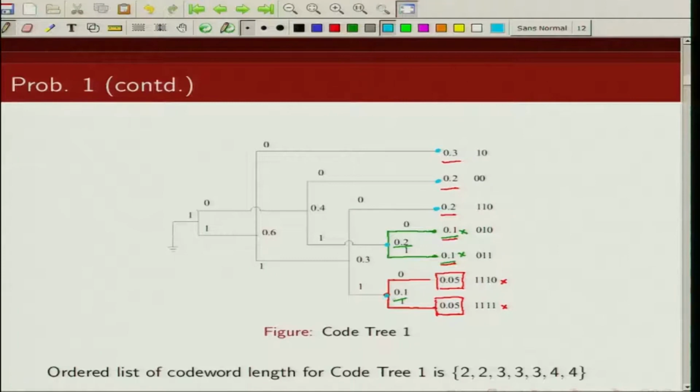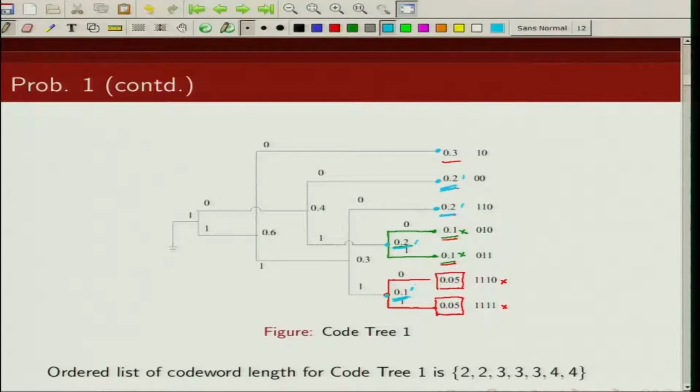Now I have one node with probability 0.1 and three nodes with probability 0.2. I could combine this node with probability 0.1 with any of these 3 nodes.